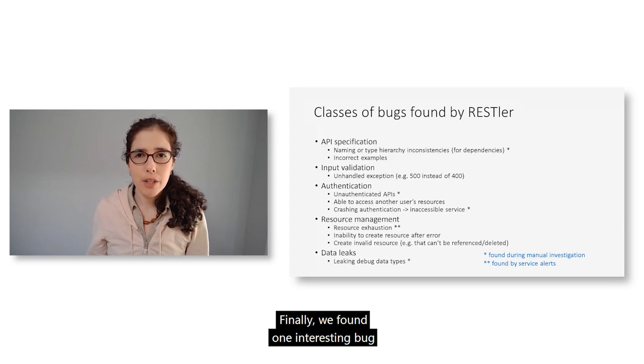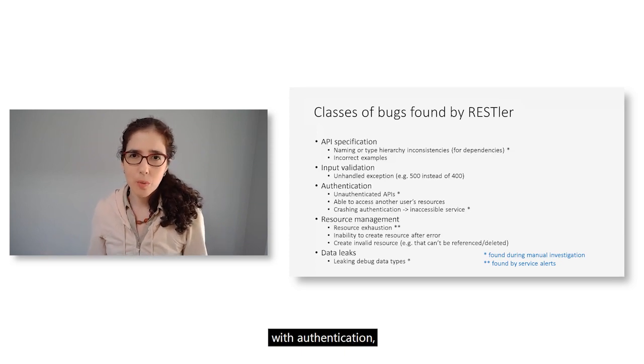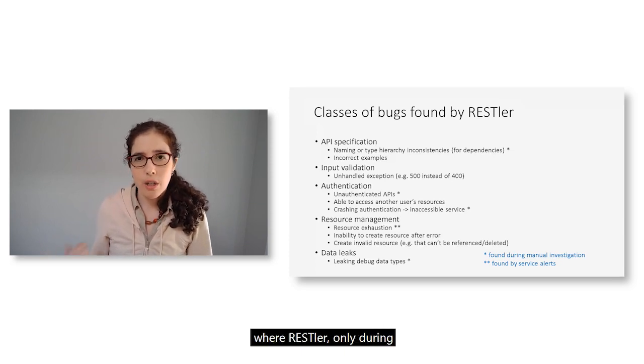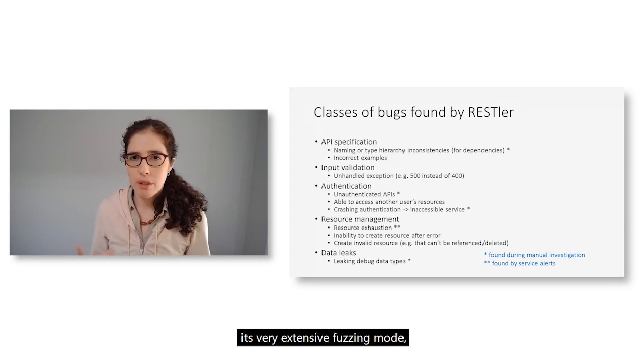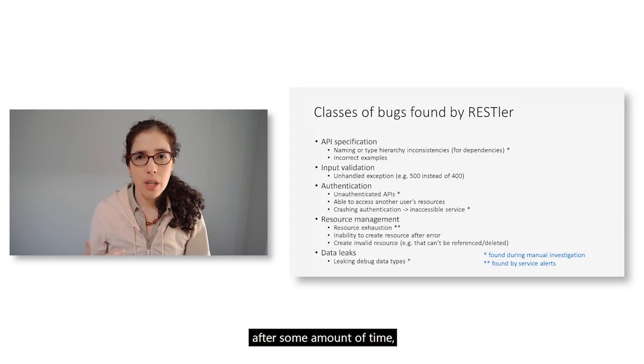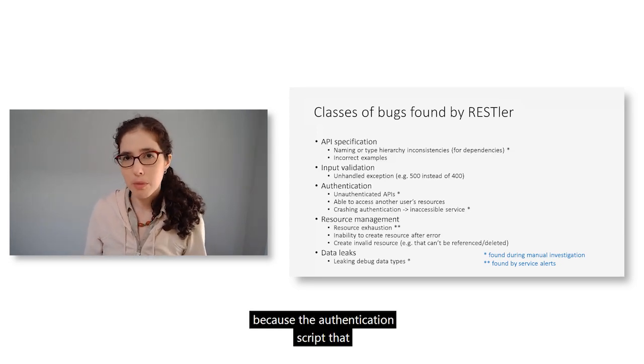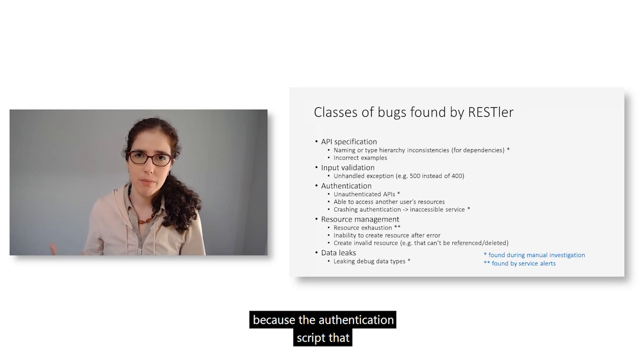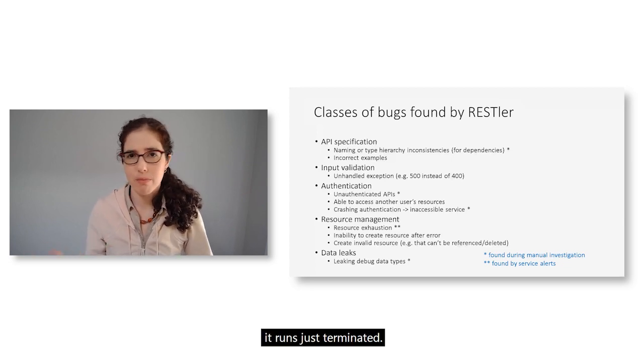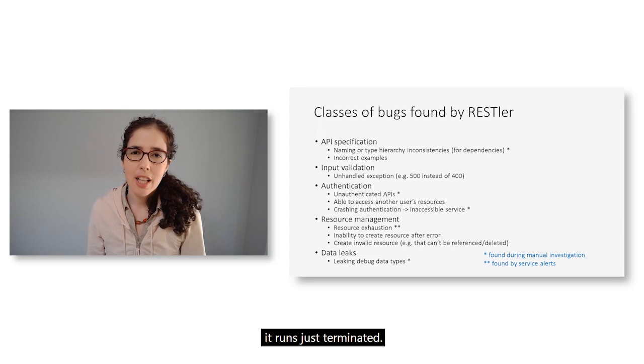And finally, we found one interesting bug with authentication where RESTler, only during its very extensive fuzzing mode, after some amount of time, the service became inaccessible and RESTler essentially stopped working because the authentication script that it runs just terminated.